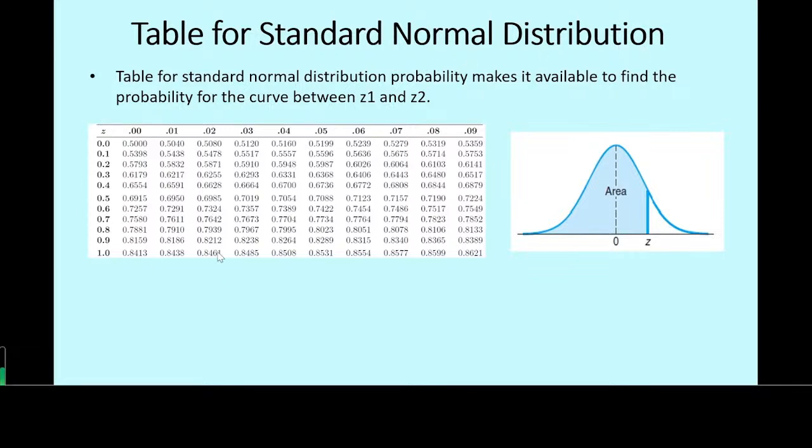There is a table called the standard normal distribution probability table, which lists the possible values of cumulative probability.